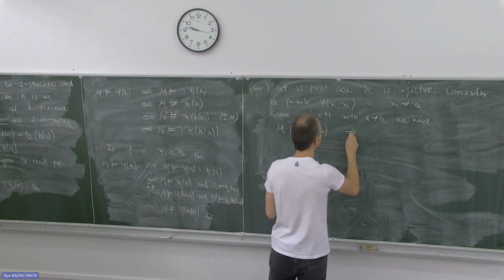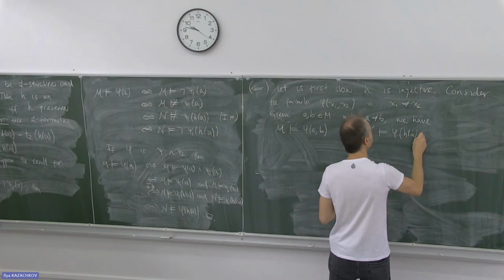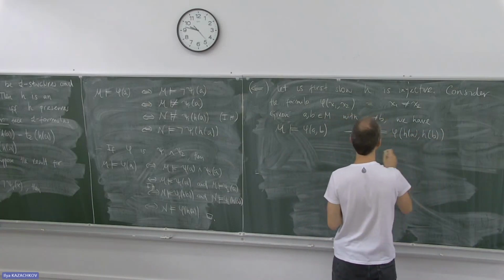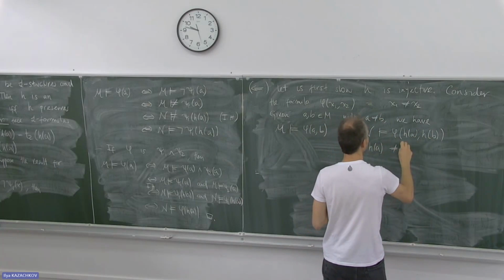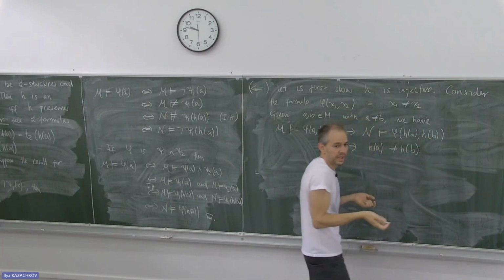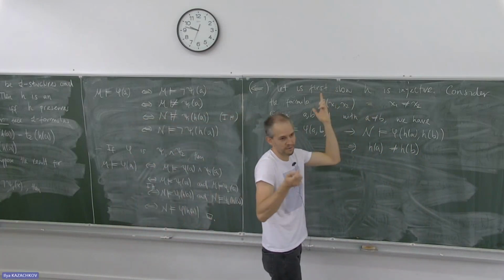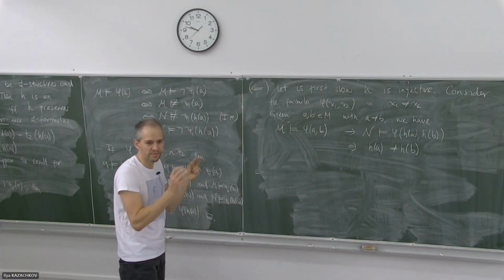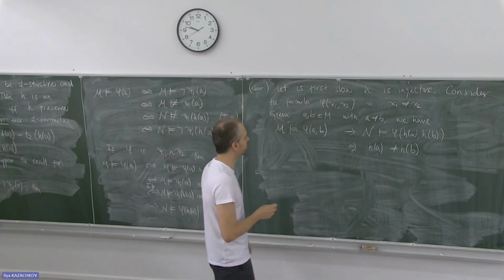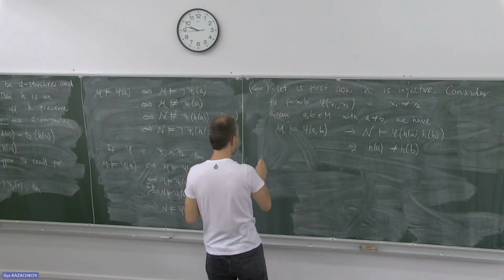But then this means that N has to satisfy this formula for H of A and H of B, which means that H of A is different than H of B. And this shows injectivity because we preserve this formula, right? It's nothing difficult, but just to show exactly which formula we need to use to show that H is injective, right?